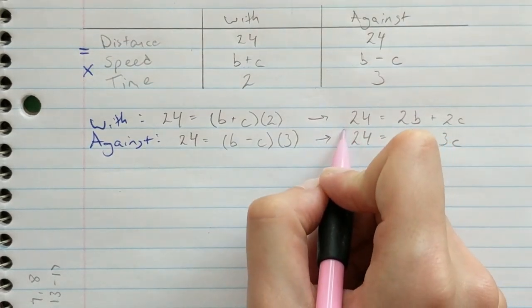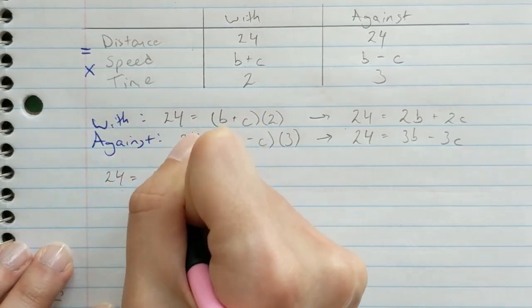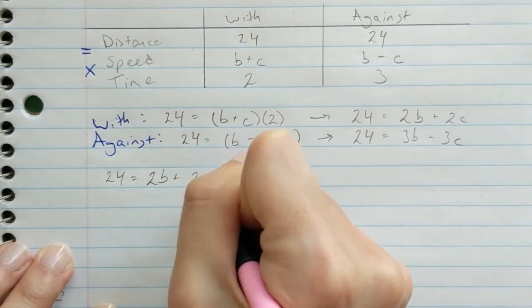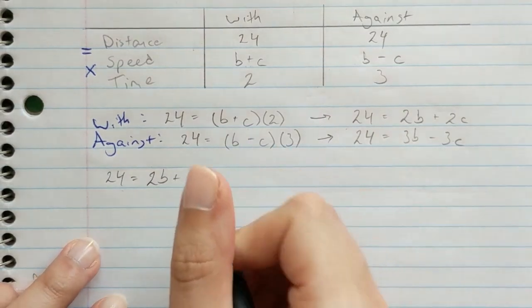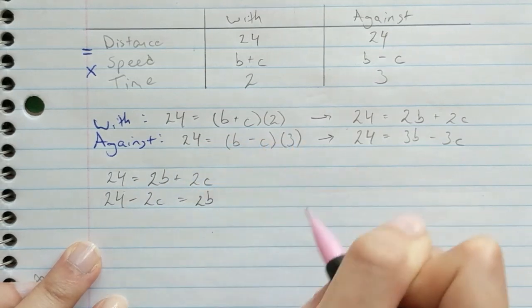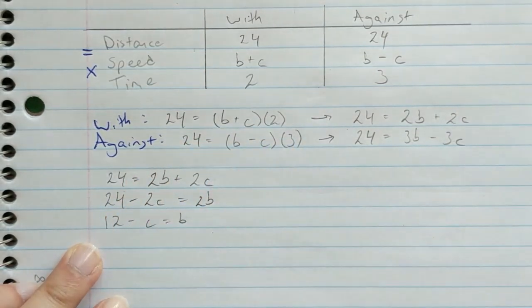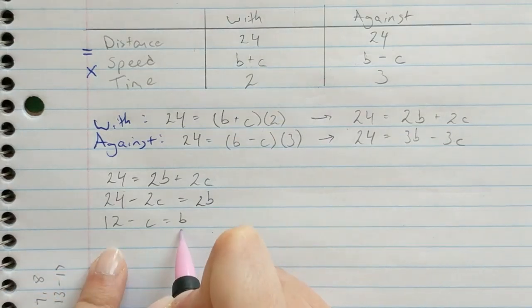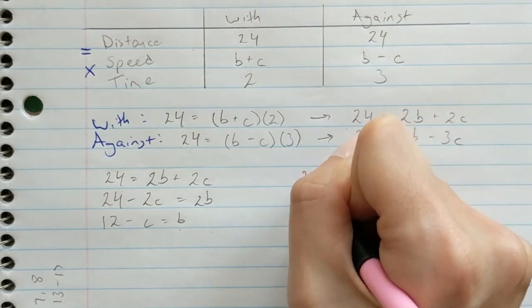I'm going to isolate B in my first formula. So 24 is 2B plus 2C. Let's isolate B. I'm first going to move my 2C over. And then I'm going to divide everything by 2. I can then substitute my 12 minus C in for B up here.